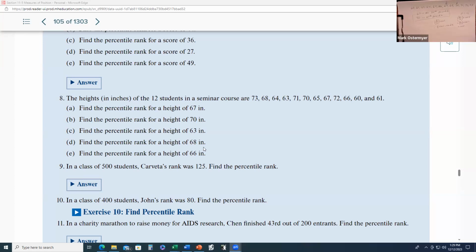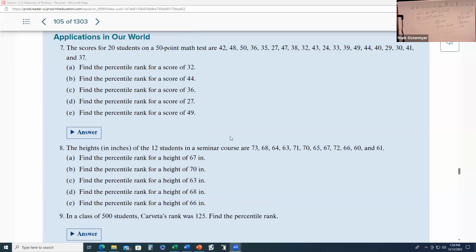Especially if you have one that has a 0.5, that could be an issue because it was not made clear in our textbook how to deal with a 0.5 percentile value, whether we round it down or round it up to the next whole number. And I'm not 100% sure how Alex would deal with that. I don't think you're going to have that situation, but if you do, and your problem is marked wrong, all you have to do is bring it to my attention. I'll go take a look at it.